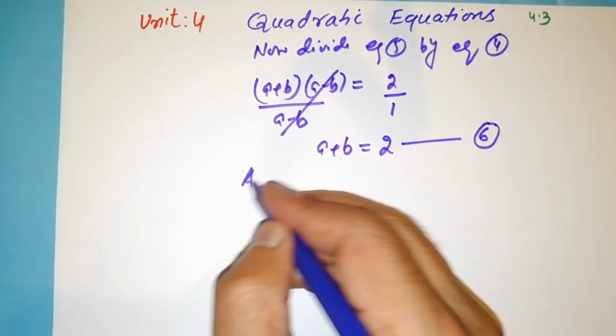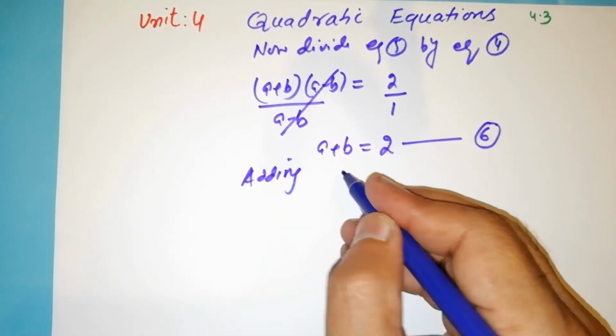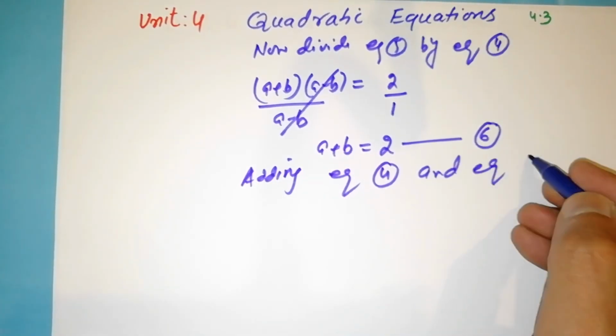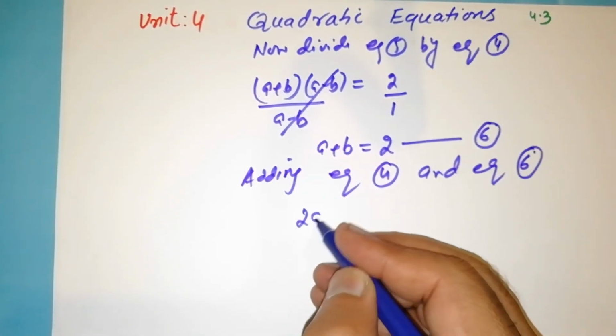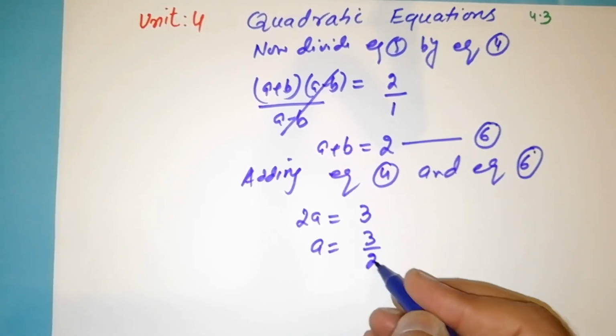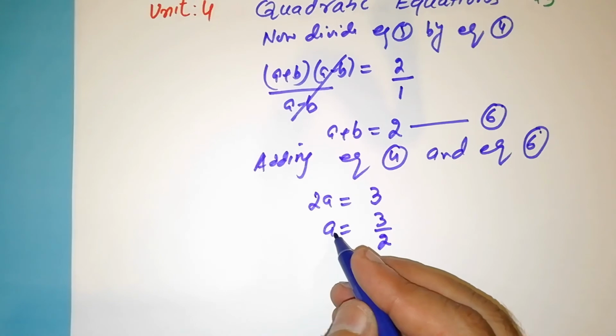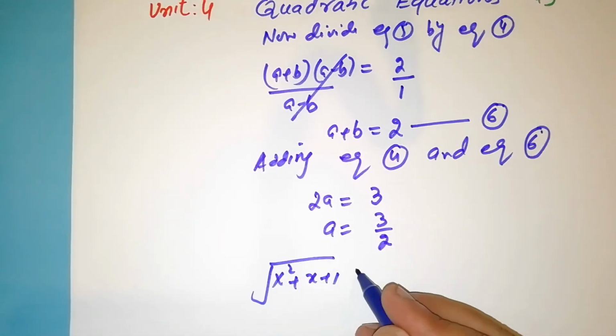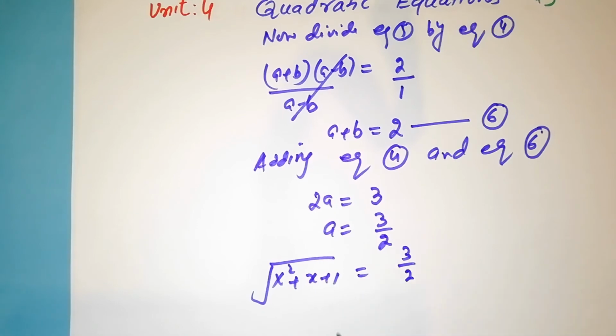Therefore, adding equation 4 and equation 6, we have 2A equal to 3, which gives A equal to 3 by 2. Here we put the value of A, that is the square root of x square plus x plus 1 equal to 3 by 2.